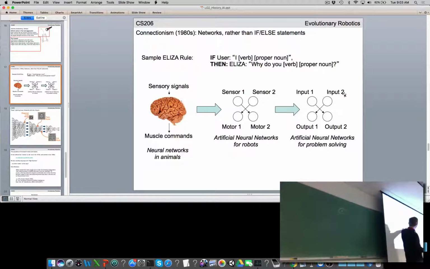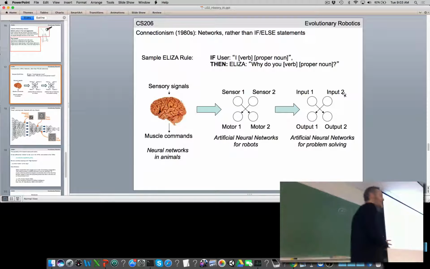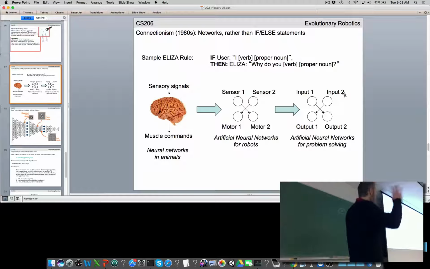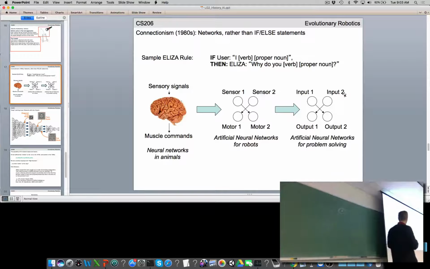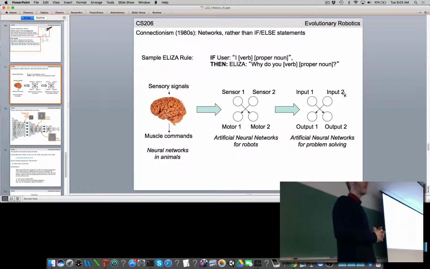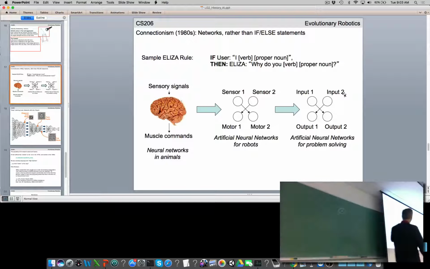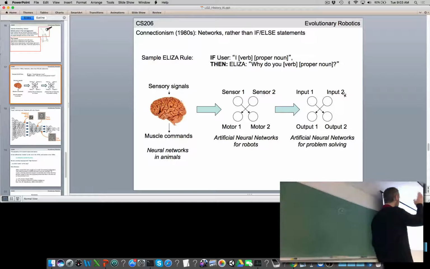Biological nervous systems, it's not clear what they do, but they certainly are very distributed. We have a lot of information arriving along our different senses. Whatever the brain does, it's a massively parallel system. It's unlike our traditional computers back in the 80s, which were not parallel. They did one thing: they took in a sentence, broke it into pieces, rearranged those pieces, and sent them back out again.